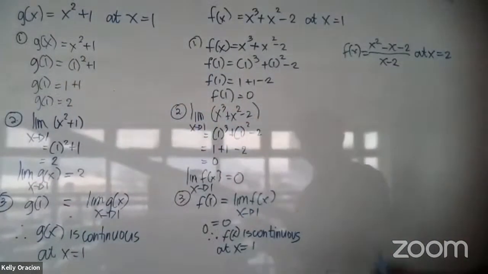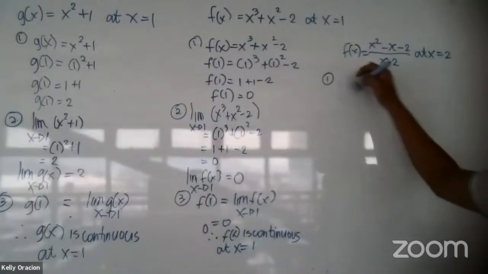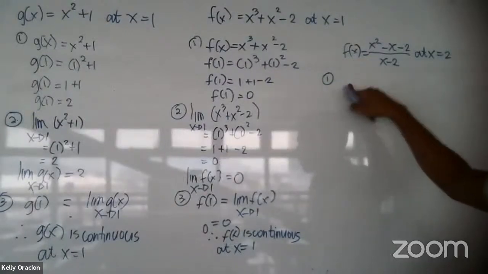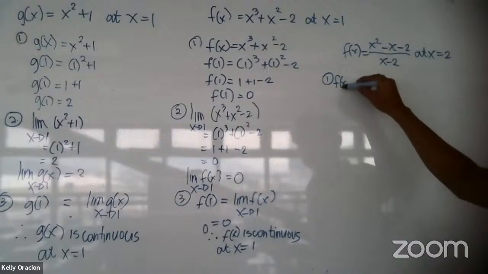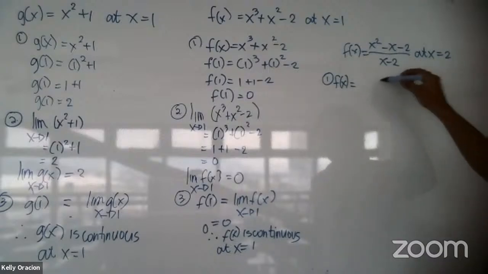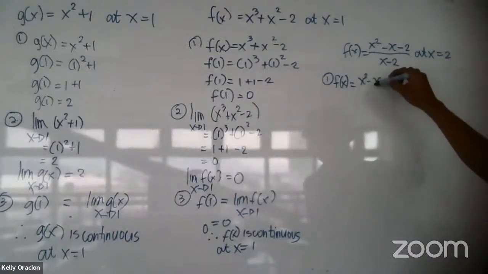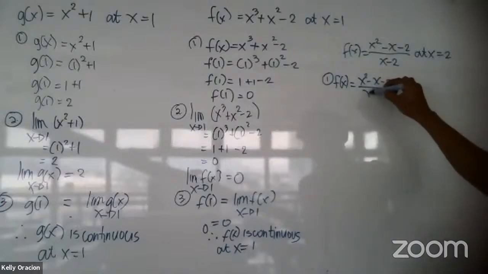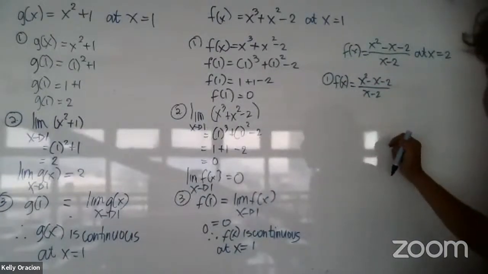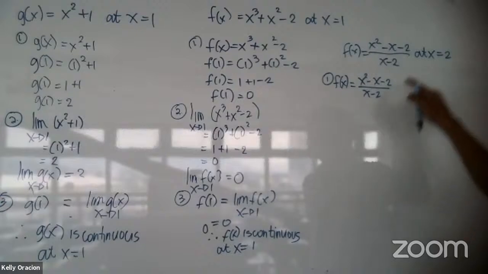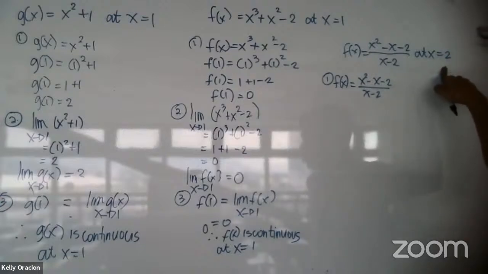Okay. So, let's start with our first condition. The first condition is just to substitute. Again, the first condition is to find the value of your f of c. In order to find the value, all you need to do is substitute. Our value of x is 2.